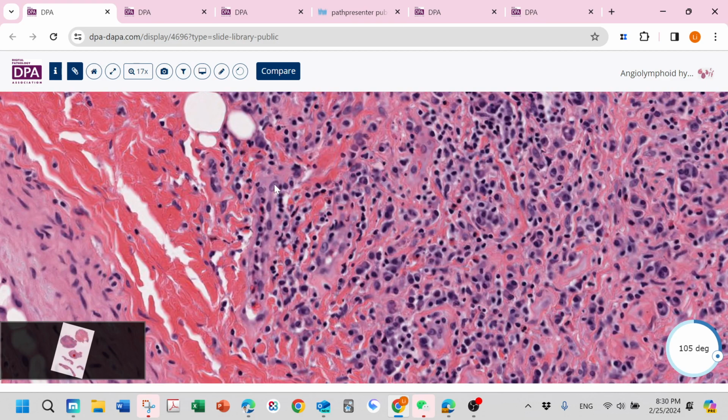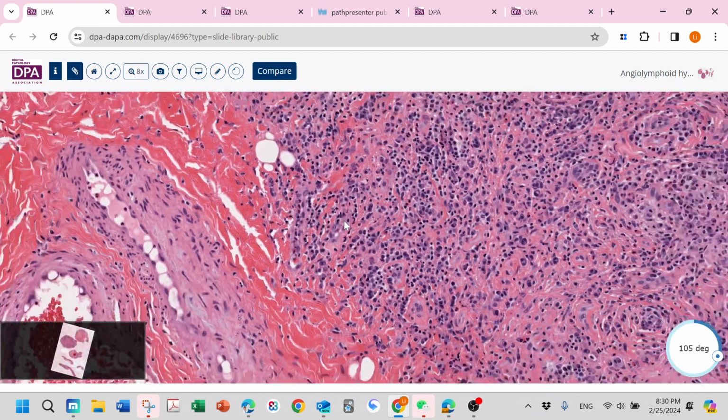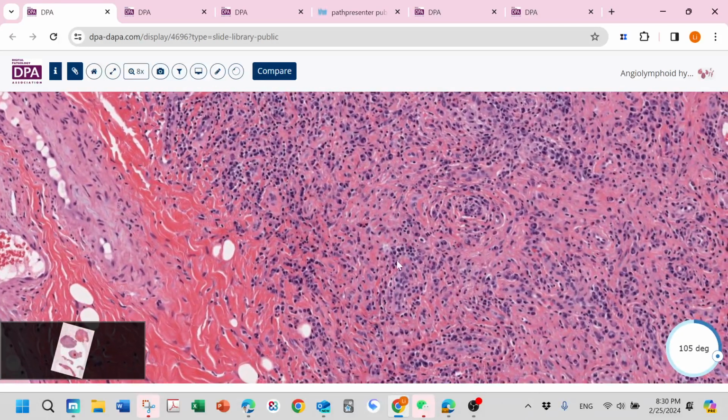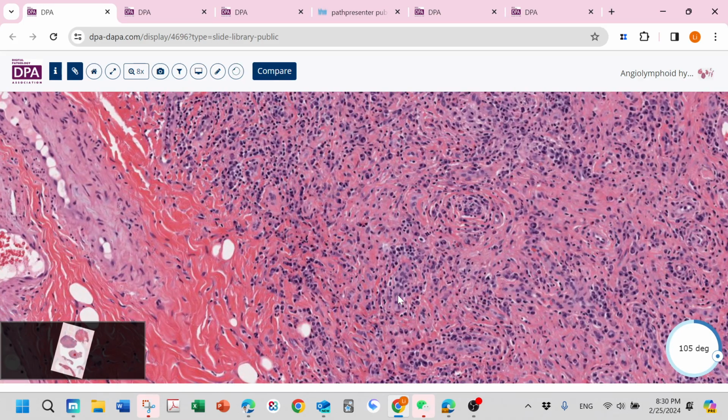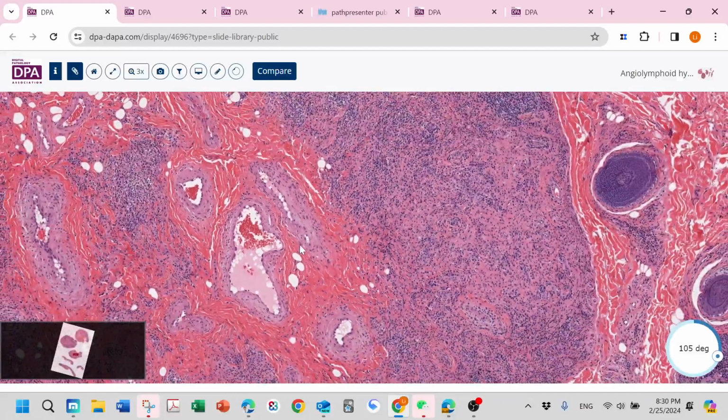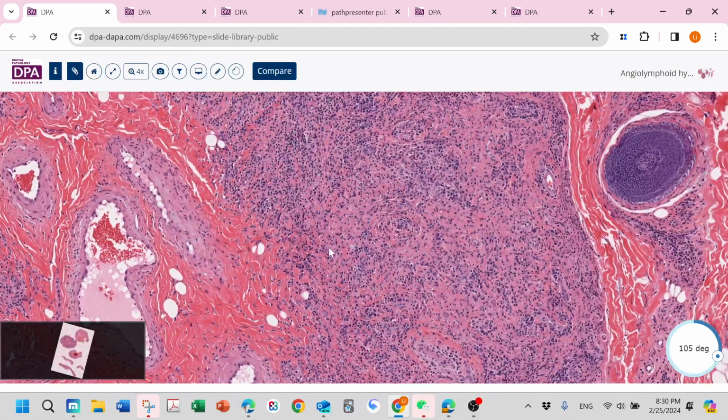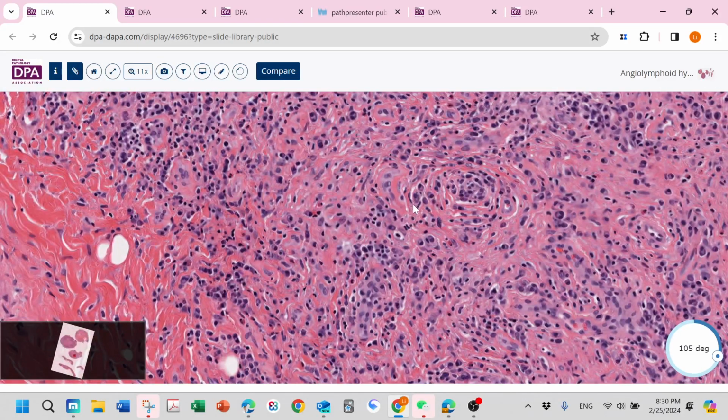But if you look at the detail, you can see they still try to form a lumen. And these endothelial cells are plump. They are bigger, fatty, plump compared to the normal endothelial cell. It's like all the blood vessel lumens are compacted together, and you just could not find the lumen. So when you see this big blood vessel lumen, eosinophils, and then around it spindle cell proliferation, they try hard to form a lumen but get squeezed by collagen or other structures around.